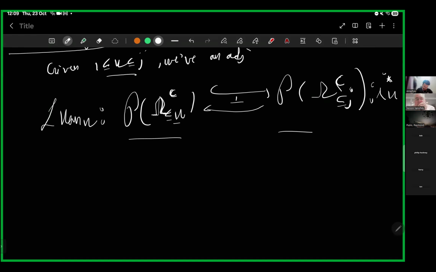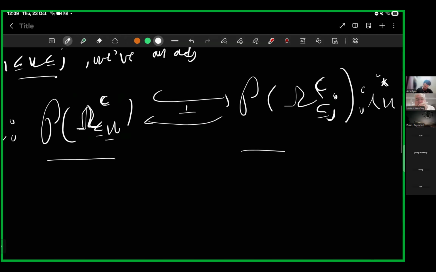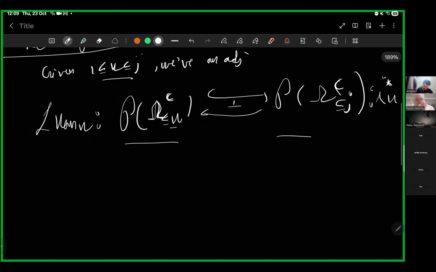Yes, that's right. There's an inclusion, and what's the functor going the other way? This i_k star. So this is the left Kan extension along this inclusion.